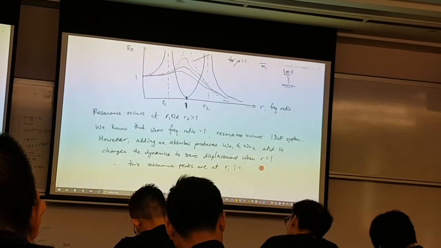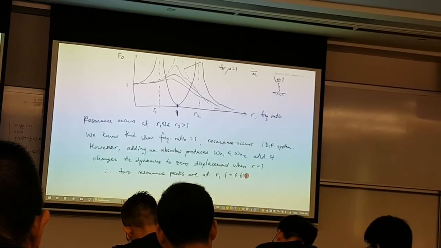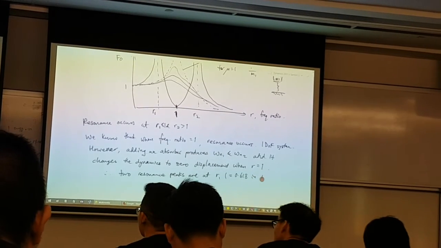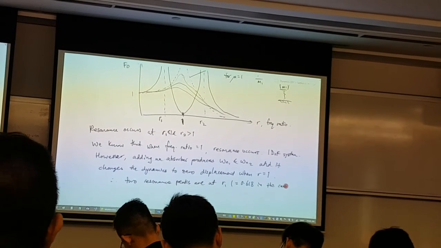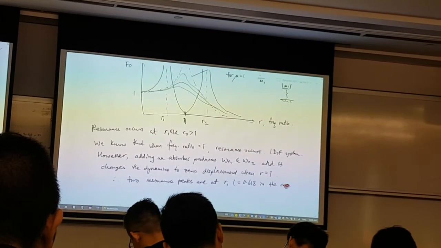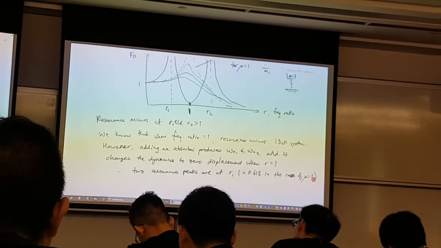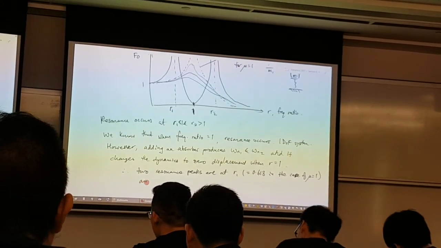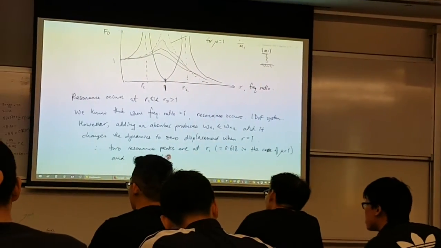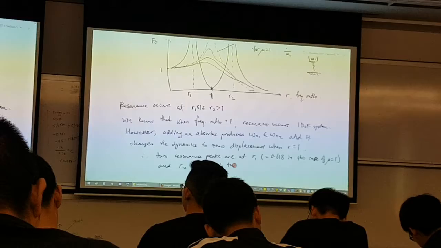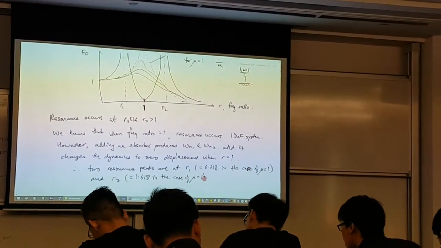Your R1 is actually equal to 0.618 in the case of mu equal to 1, mass ratio equal to 1. And the other peak, R2, is actually equal to 1.618, again for this case of mu equal to 1.